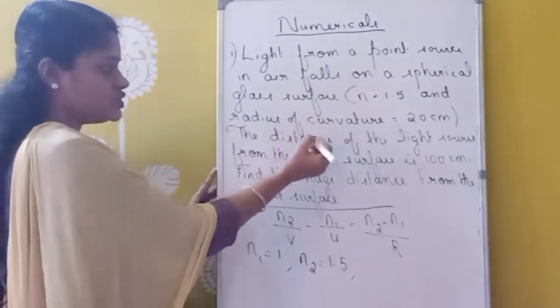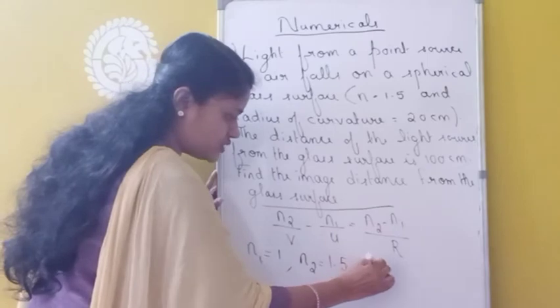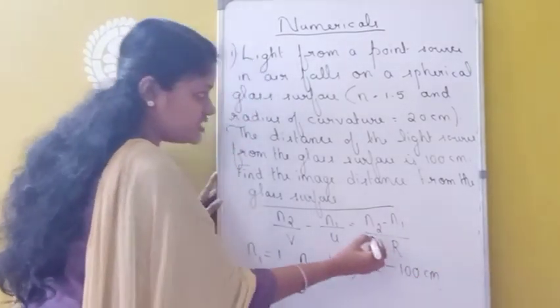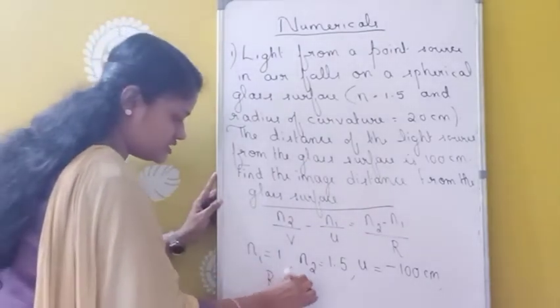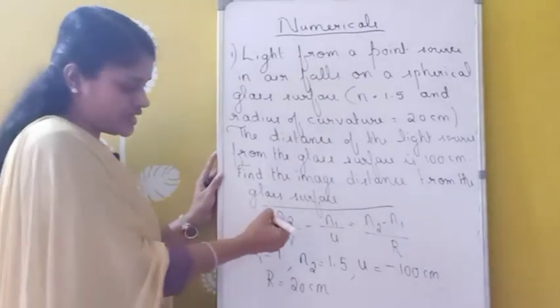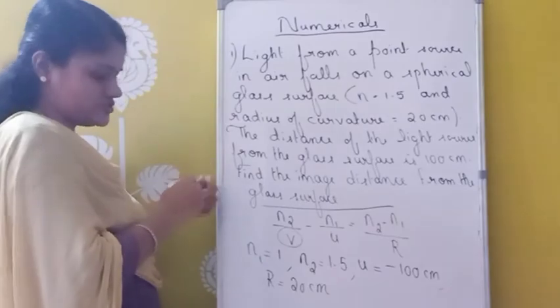Then what is U? Object distance is 100 centimeter. U is always minus, so U equals minus 100 centimeter. Then the radius of curvature R equals 20 centimeter. So all the details are given here, and we have to find the image distance V. Now we can substitute the values.